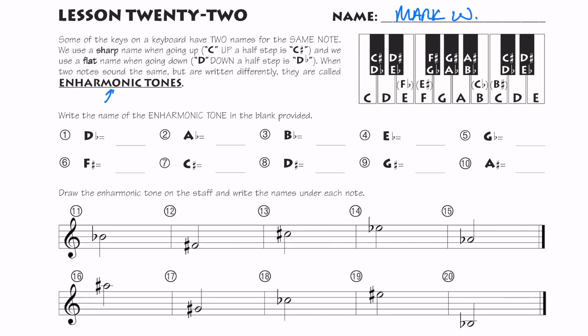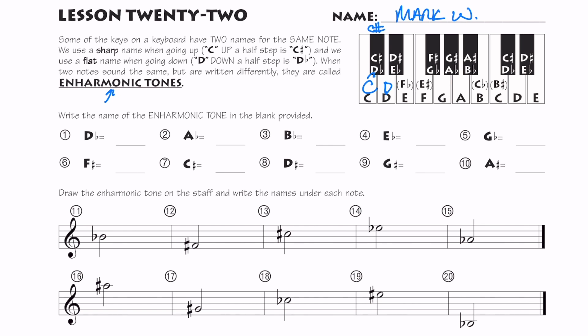An enharmonic tone is basically when a note on a keyboard has two different names for the same note. So if I took C, here's my C, and I went up a half step, I would have a C sharp.